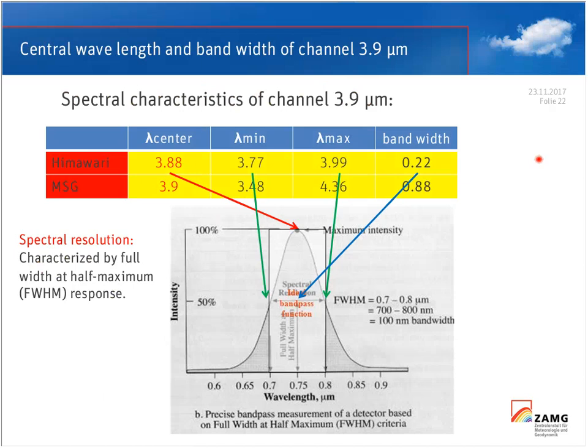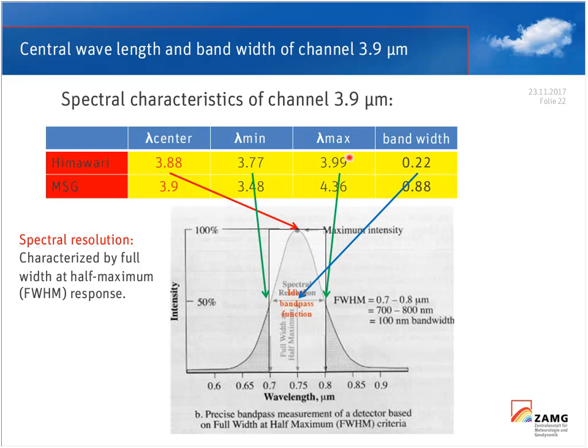So this graphic below this table shows you how the instrument works. That means it shows you some kind of sensibility curve, and the central wavelength indicates the most sensible reaction from the sensor at a specific wavelength. So for Himawari and MSG, it is around 3.9 micrometer. When the sensibility, the intensity of the radiation, is only half, 50%, then we have the lambda min and the lambda max.